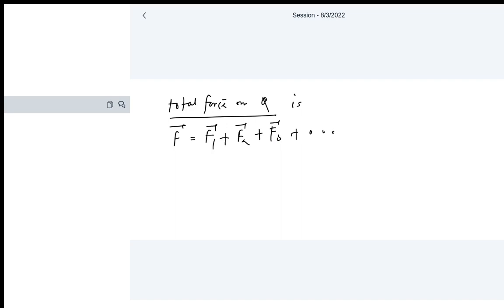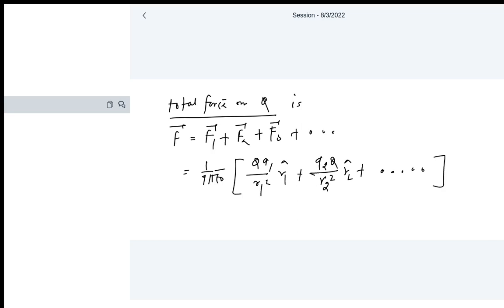Now we take 1 upon 4 pi epsilon naught as common. So the expression is Q into Q1 upon R1 square into R1 cap, plus the second term Q2 into Q upon R2 square into R2 cap, and so on.